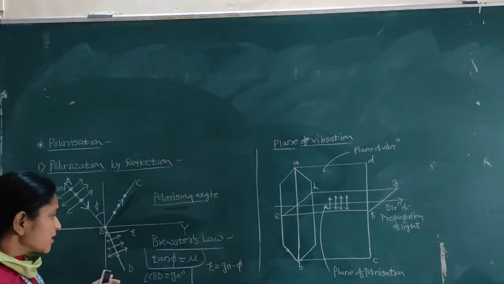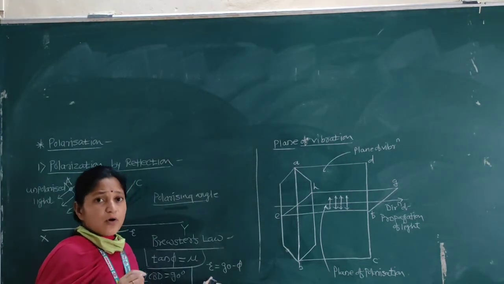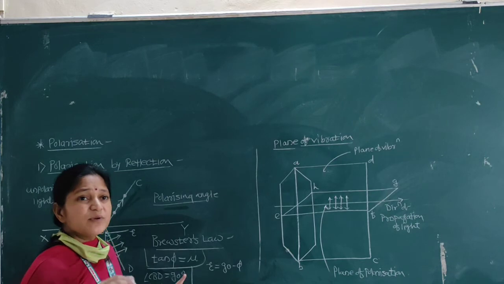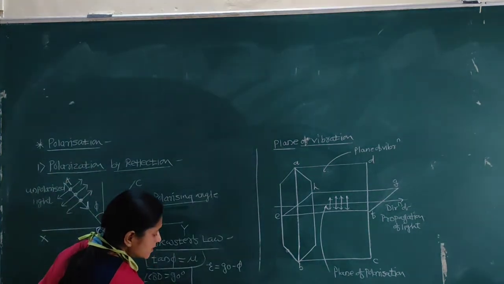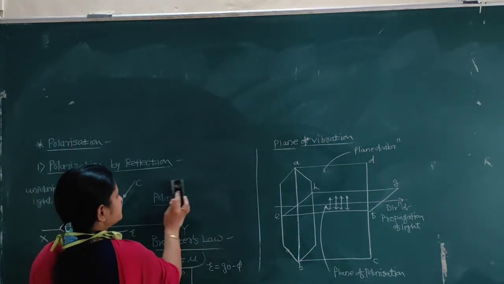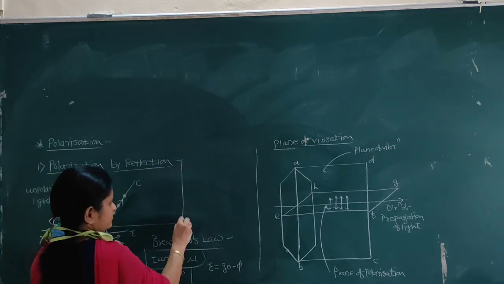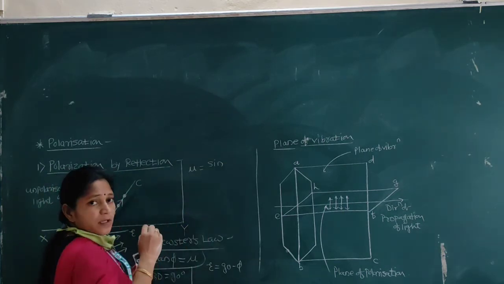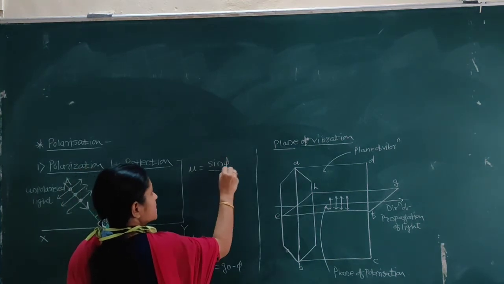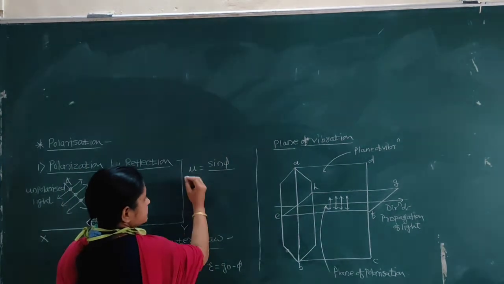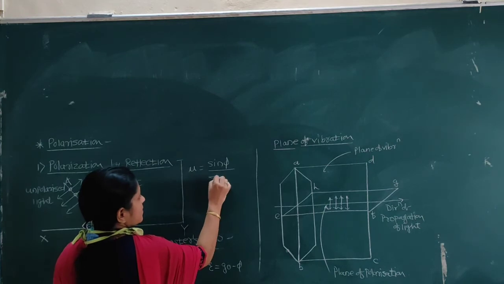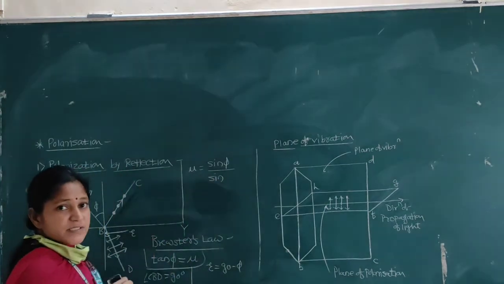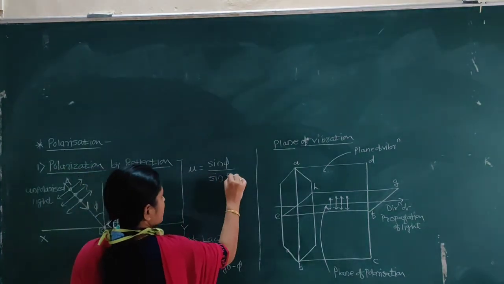Understood? Now we know that the refractive index of the medium is mu equals sine of the angle of incidence divided by sine of the refracted angle.